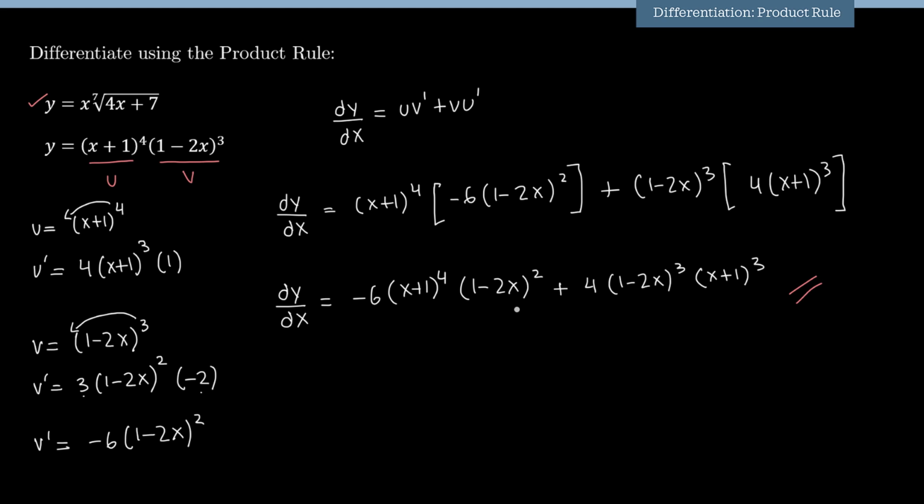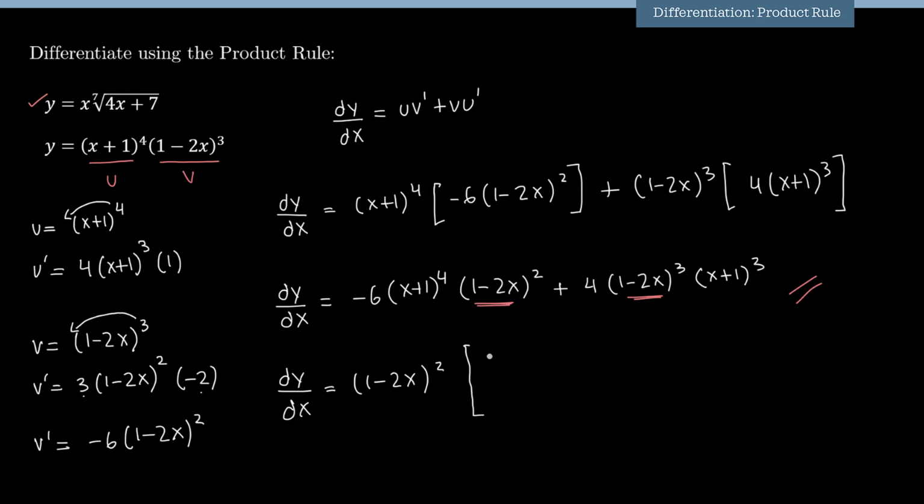To simplify this further, I can factor this out. I have 1 minus 2x in the first term and 1 minus 2x again in the second term. If I factor out (1 minus 2x) whole squared, that is present in the first term and also in the second term, I am going to get dy upon dx is equal to (1 minus 2x) whole squared.